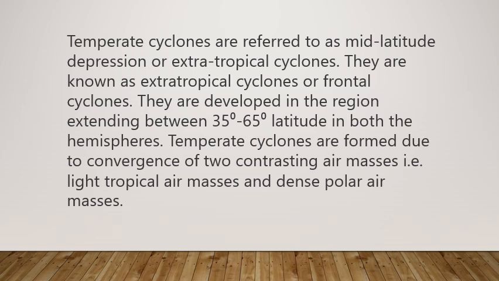They develop in the region extending between 35 to 65 degree latitude in both the hemispheres. The temperate cyclones are formed due to convergence of contrasting air masses, that is, the light tropical air mass and the cold, dense polar air masses.